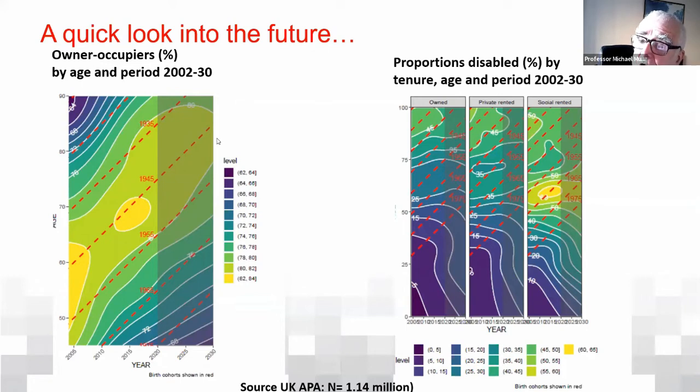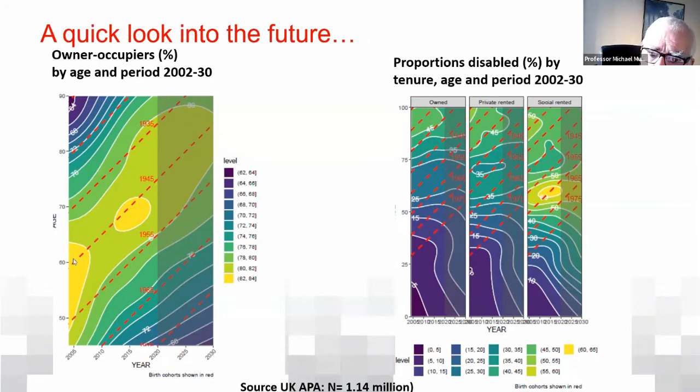I've extrapolated these values into the future from 2020 up to 2030. And we did say yesterday about the change in housing type over the past. And what we see here is, in shadow is the future, this is the past. And these diagonal lines show cohorts.